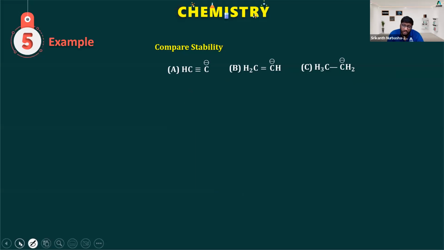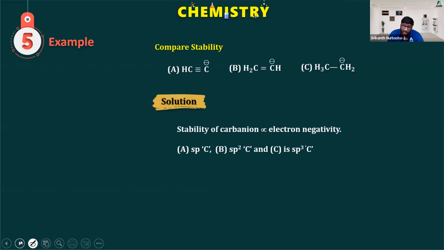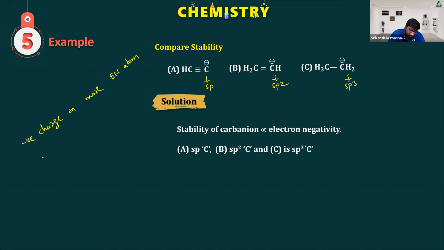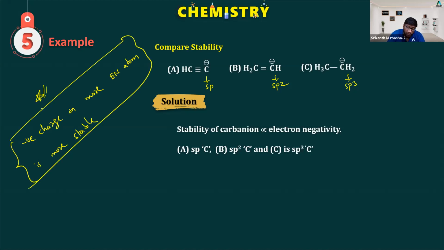So sp hybridized carbon has more electronegativity, and a negative charge on a more electronegative atom is more stable. Here the carbon is sp hybridized, here sp2, and here sp3. So based on that, we can simply compare: CH triple bond C minus is greater than CH2 double bond CH minus, then CH3 CH2 minus. So A, B, C, right?